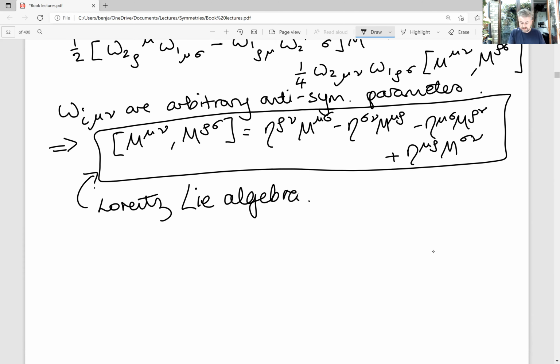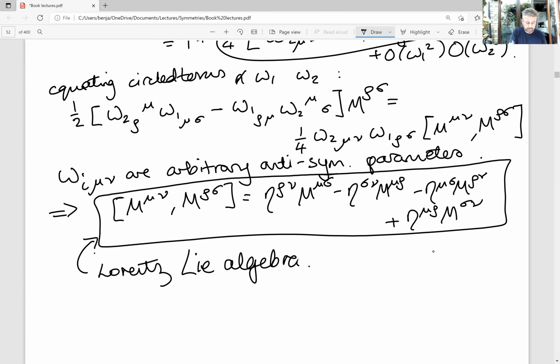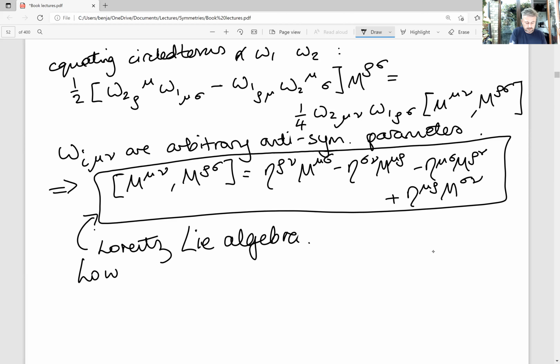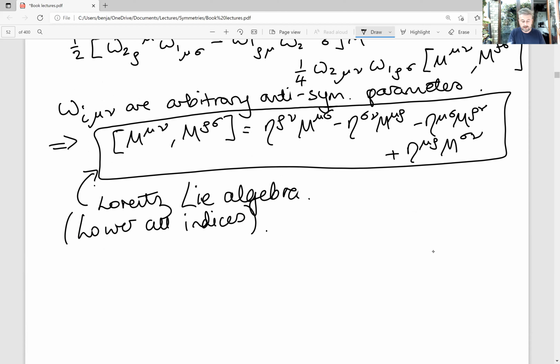So first of all, I'm going to lower all the indices, which we can do with etas. And then I'm going to put i, j, k, and l in for the indices, indicating that they take values between 1 and 3.